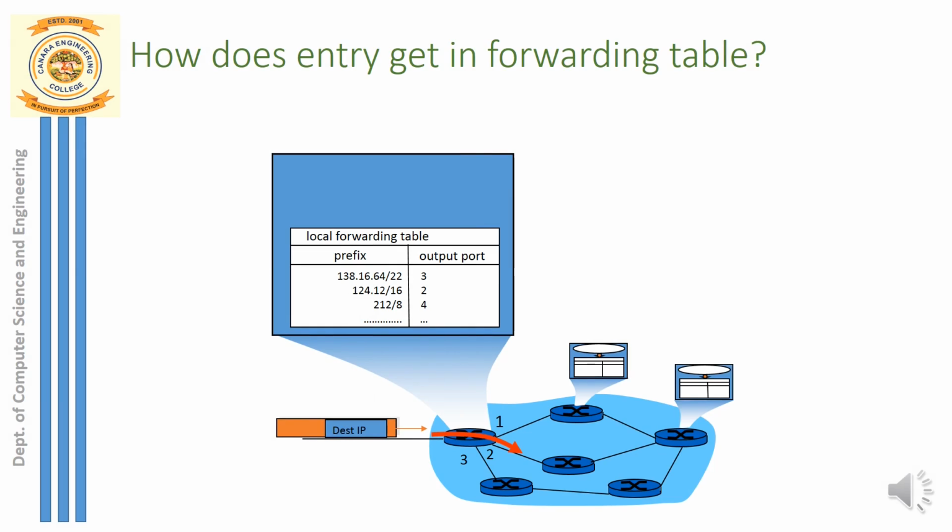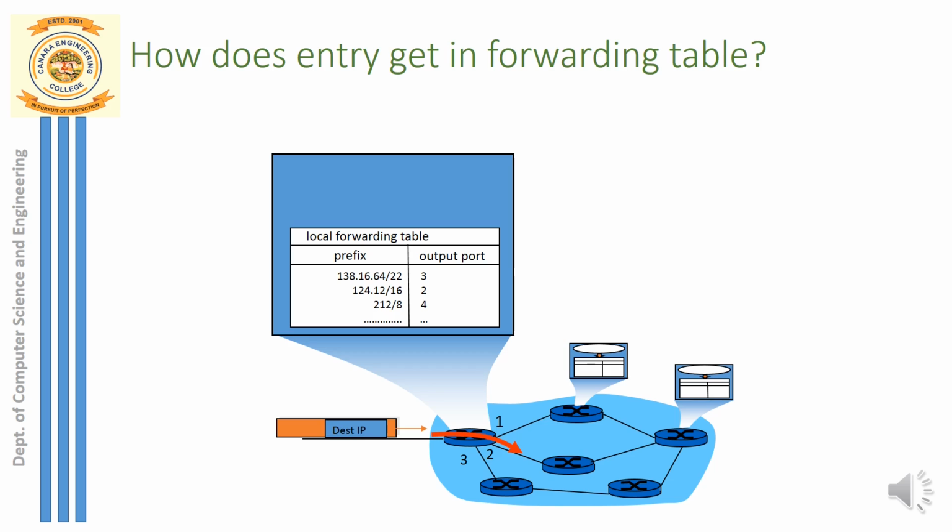How does an entry get into the forwarding table? Just look at the forwarding table over here. You can see an autonomous system here, which is blue in color, and then we have a packet which has to be sent to this router in this autonomous system.